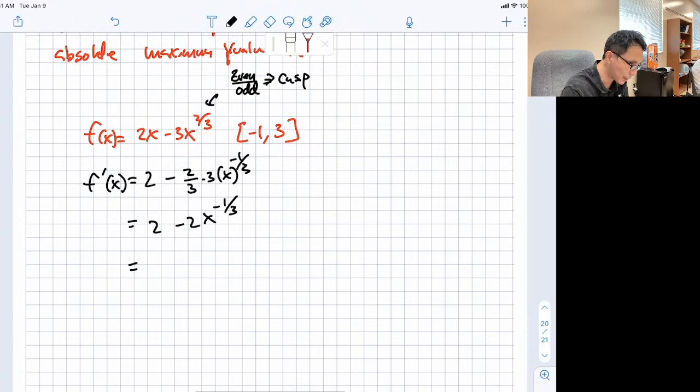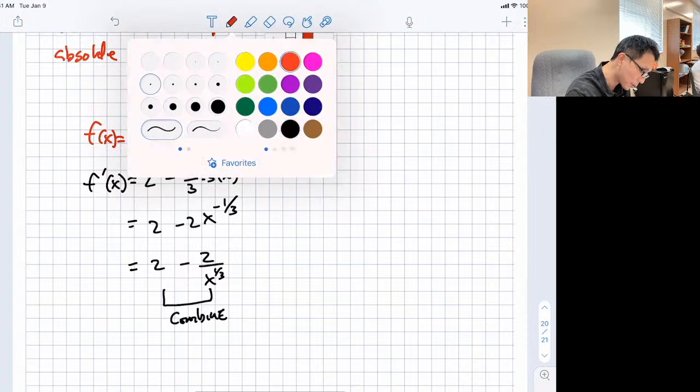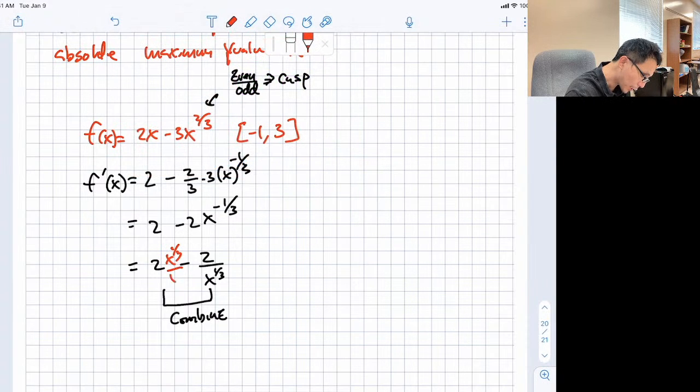Well, if you have this fraction, my tendency is always to set it as a fraction, because if you have a fraction, that means you combine these two. So I need to multiply top and bottom by x to the 1/3. So it'll be 2x to the 1/3 minus 2 over x to the 1/3.